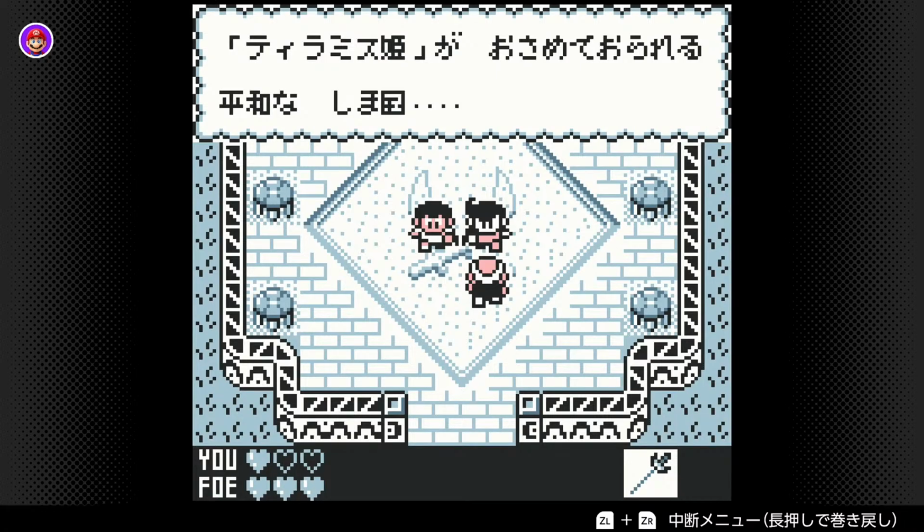Yeah, it says tiramisu hime ga osamete orareru heiwa na shimaguni. Should be that. But yeah, first and foremost, we have tiramisu. Yeah, we continue with the food.